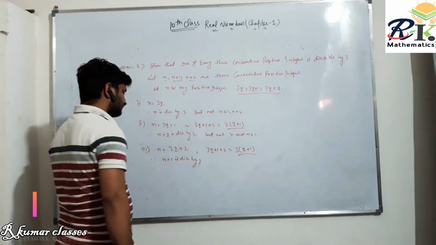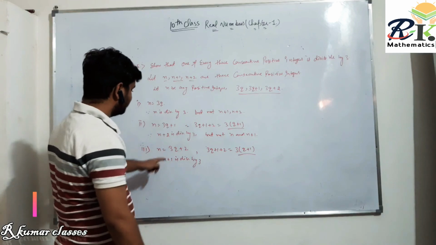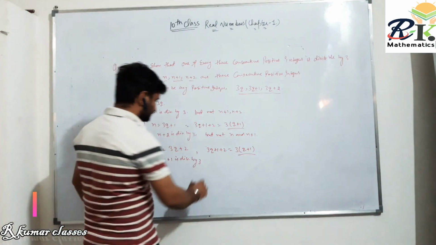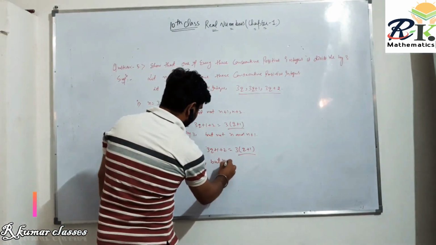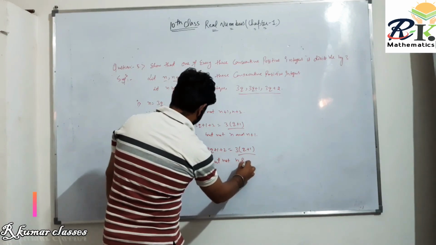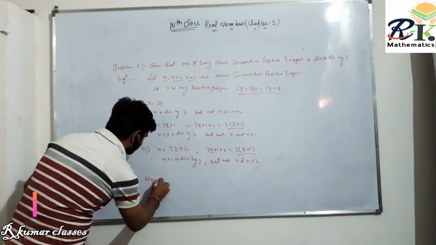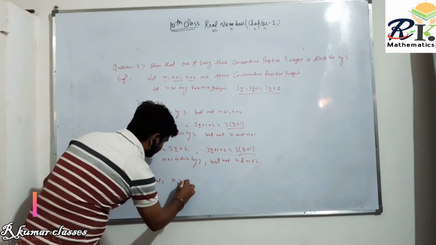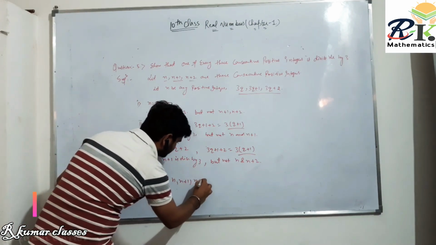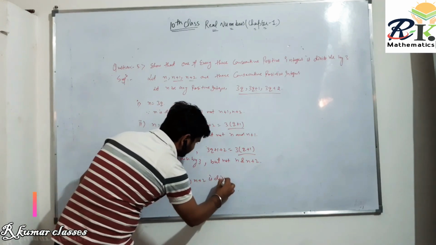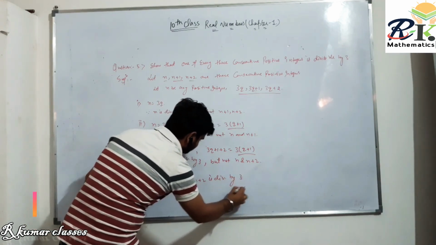So n plus 1 is divisible by 3 if we take n is equal to 3q plus 2, but not n and n plus 2. So hence we show that one of n, n plus 1 and n plus 2 is divisible by 3 for positive integers.